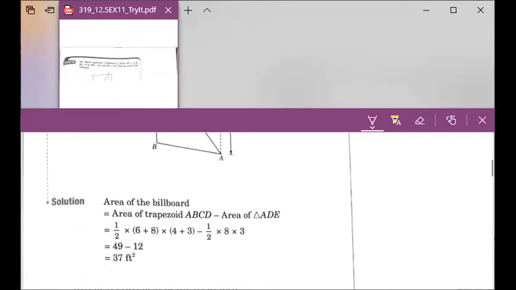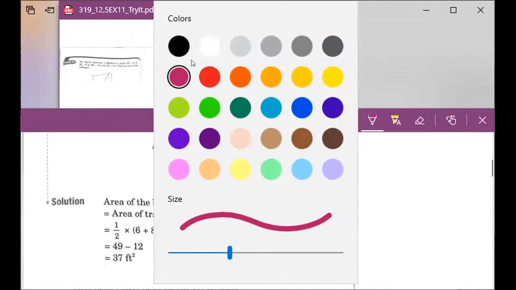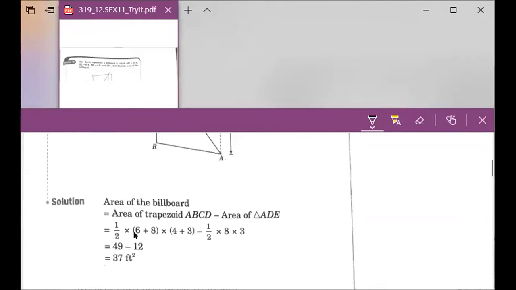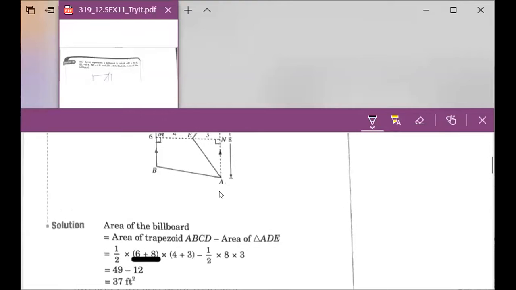So this is 6 plus 8, the top and bottom, and then times the height, which is 7. In this way, we can figure out the area of the trapezoid. And then divided by 2, this is the formula.